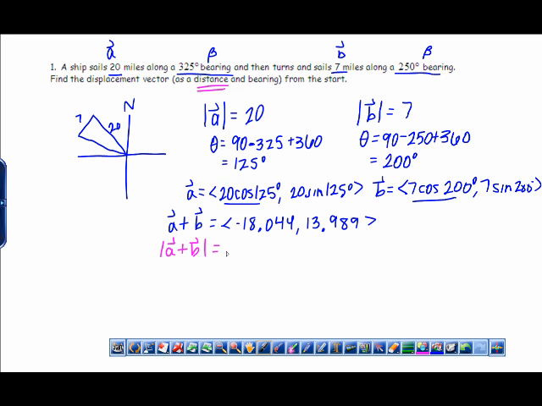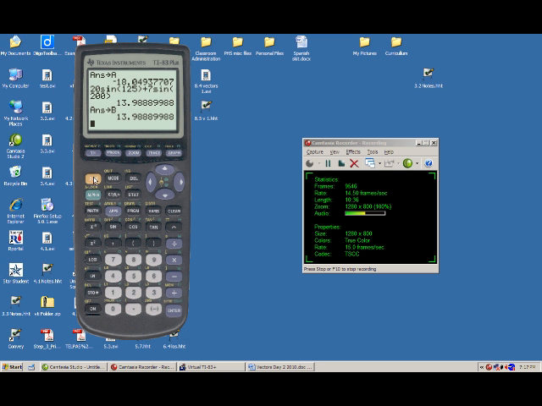And I need to do that by taking the square root of negative 18.044 squared plus 13.989 squared. Now, I'm glad I stored these values in for A and B, because now all I've got to do is take the square root of alpha A squared plus alpha B squared.